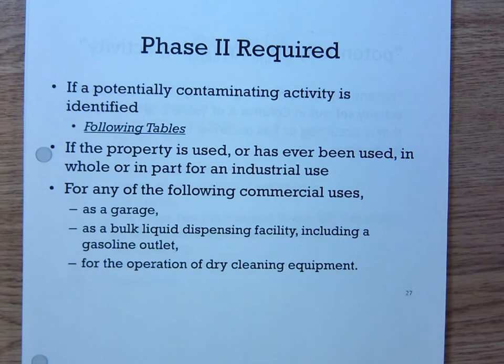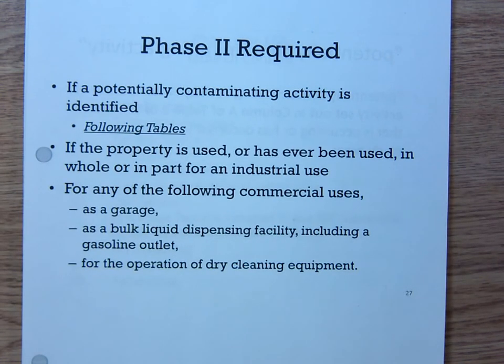If any sort of industrial use has been happening, usually we need to do a phase 2 environmental site assessment. The reason, which we'll discuss later as well, is that most of the time with industrial use, you will have fuel tanks, generators, and use of oil and grease. So you have some sort of contamination.